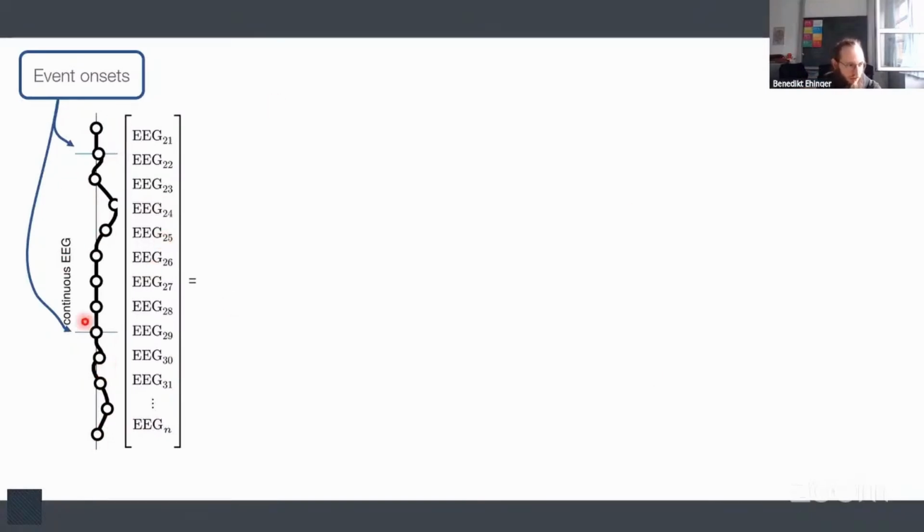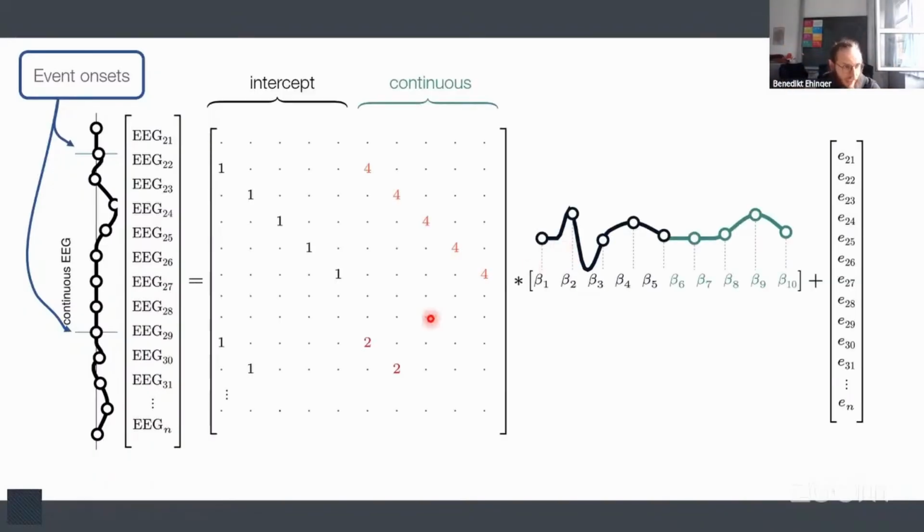So this is continuous EEG data from sample 21 to sample N. And next, we're going to build a very, very large design matrix. Instead of fitting one time point, now we have to fit all the time points at the same time. And that means multiple things. First of all, an intercept is not only one column, but suddenly it's one column per time point of your, let's say, local time epoch.